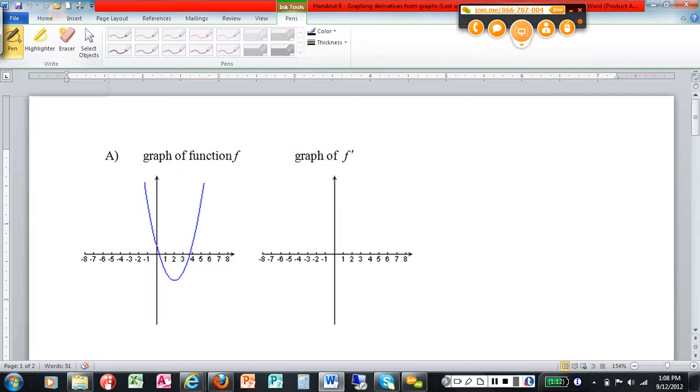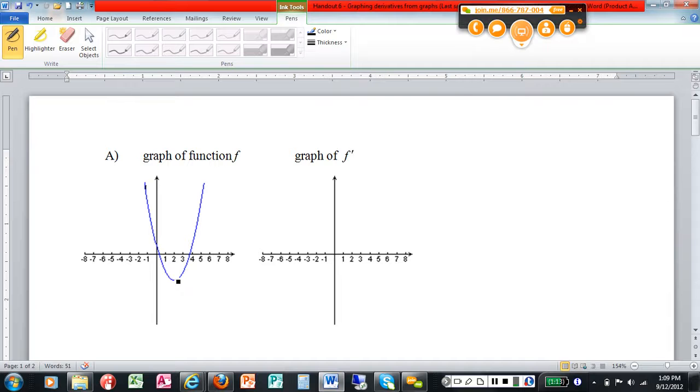Here's what I'm going to do. Let me back up. The best thing to do, I think, on these is first of all look for those derivatives of 0.